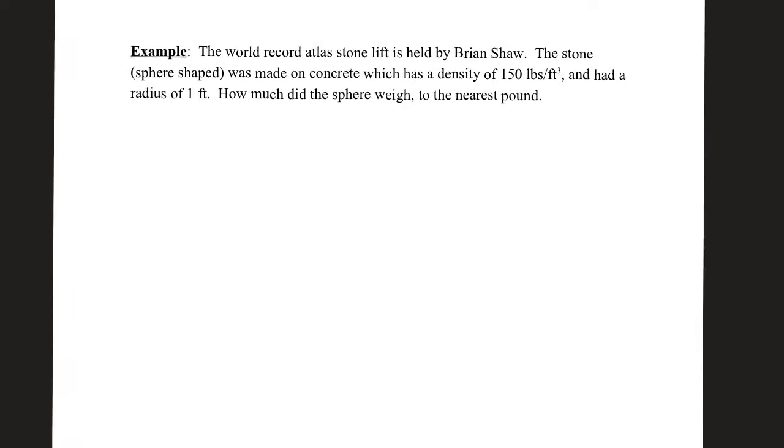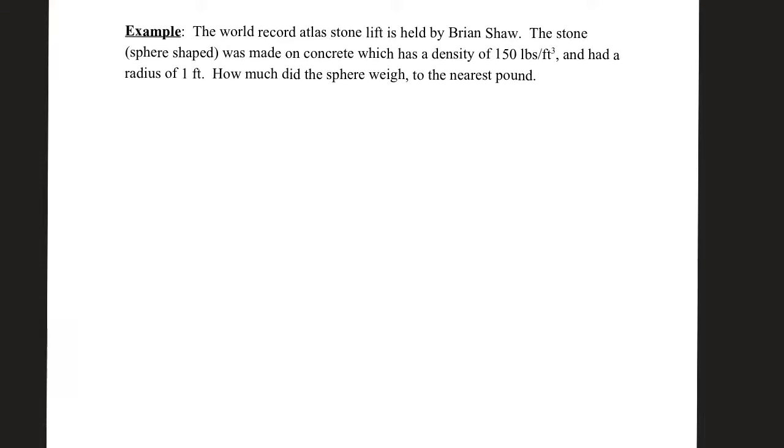In our example here, the world record for the Atlas stone lift is held by Brian Shaw. The Atlas stones are big spheres that they use in strongman competitions. It's a classic exercise that they do in strongman competitions.